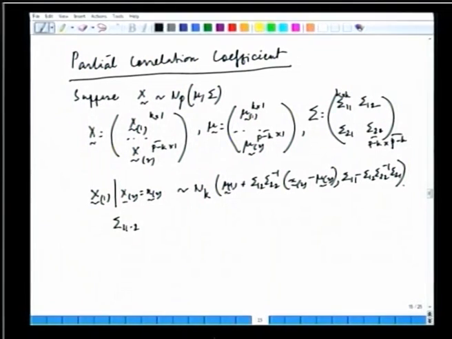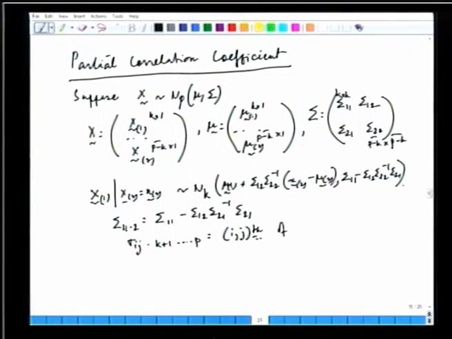So, let sigma 1 1 dot 2 be sigma 1 1 minus sigma 1 2, sigma 2 2 inverse sigma 2 1, and we say that let sigma ij dot k plus 1 to p be the ijth element of sigma 1 1 dot 2.